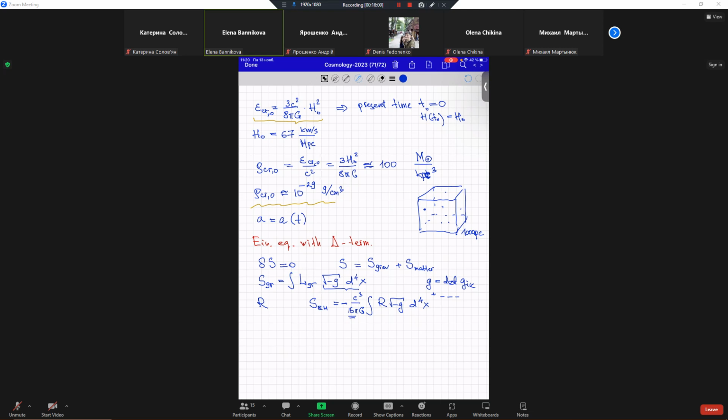So usually, sometimes I give this proof to obtain, from variation of the Einstein-Gilbert action, the Einstein equation. But now I just want to show some special things in this case.